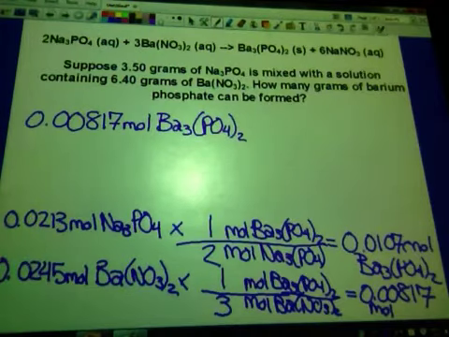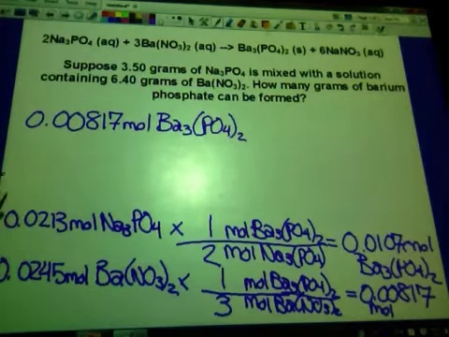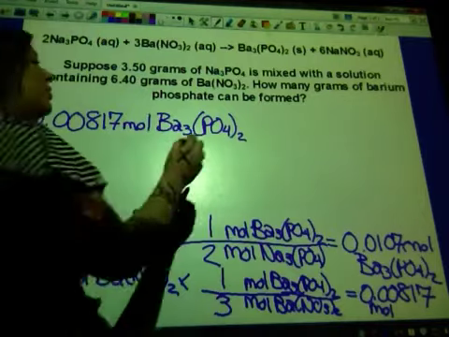So if I want to know how many grams of barium phosphate I have, what could I do? I can use molar mass to find the grams, to find the mass of barium phosphate, and then that would be the answer to my question. So I have 0.00817 moles of barium phosphate. Let's go to grams of that.